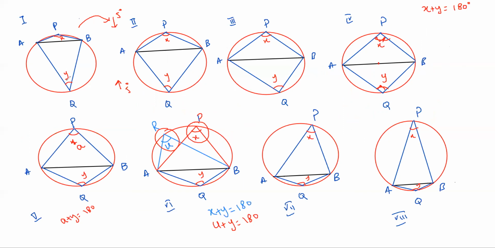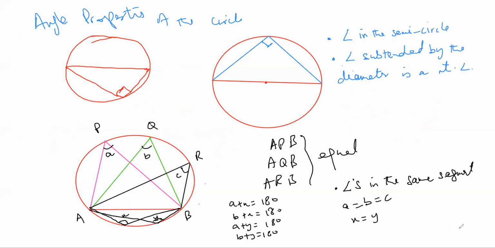So their opposite angles add up to 180 degrees. So you can write today's fourth property: the opposite angles of a cyclic quadrilateral are supplementary, they add up to 180 degrees.